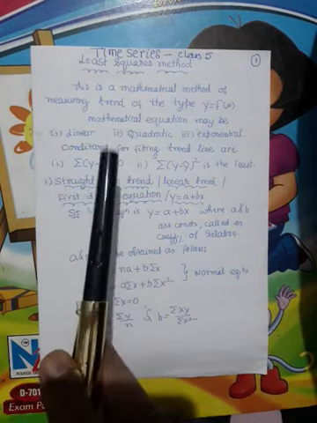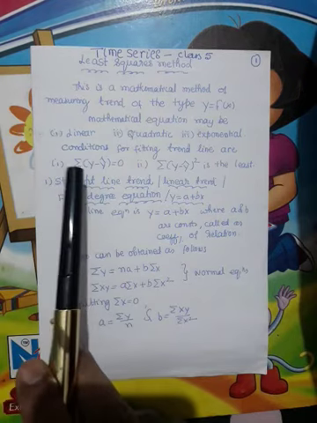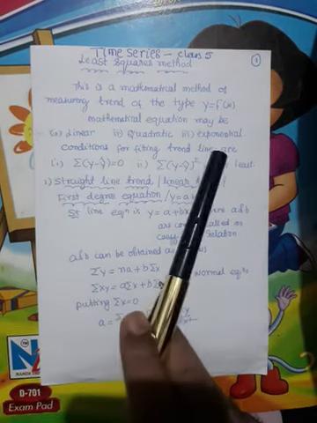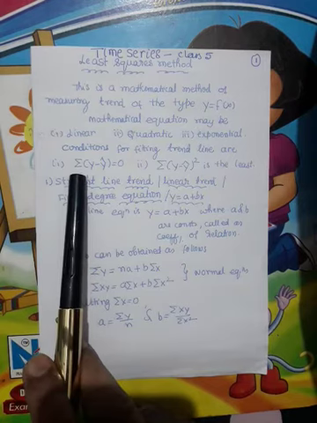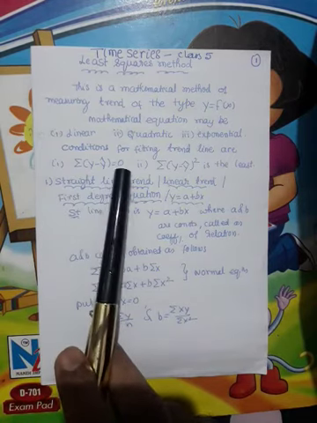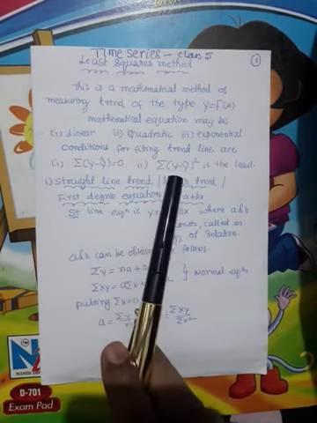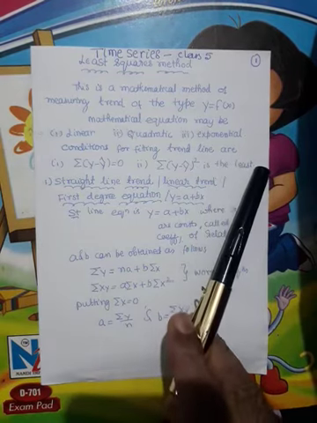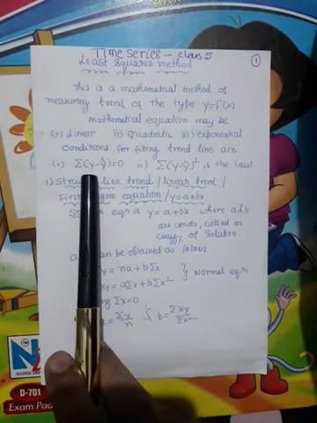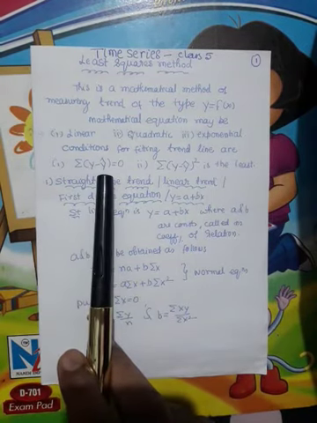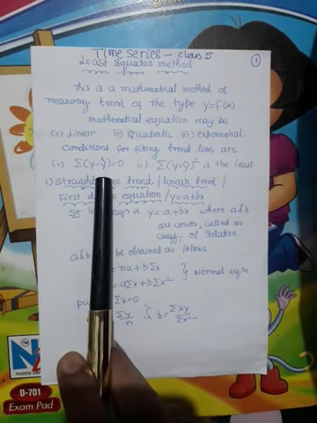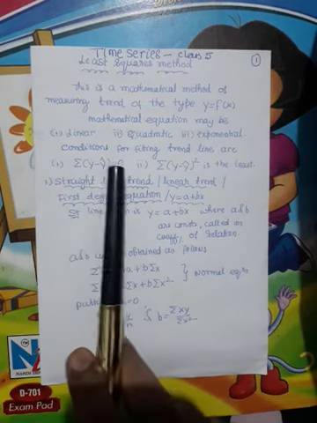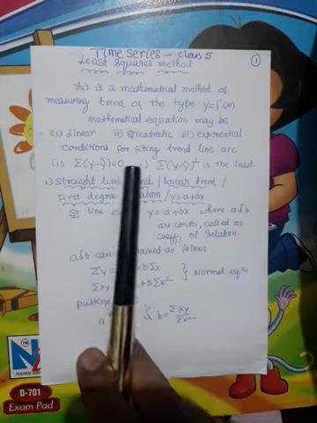by least squares method, we have to follow two conditions. Number one, sigma y minus y cap is equal to 0. Number two, sigma y minus y cap whole square is the least. Y is the original values, y cap is the estimated values. Taking the difference and adding them, we should get the total 0.